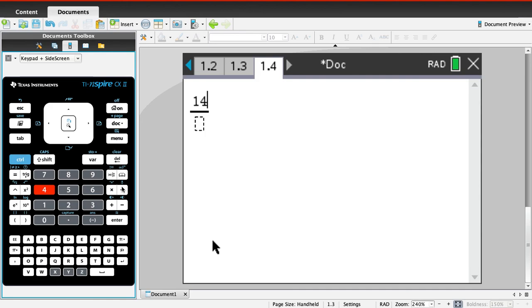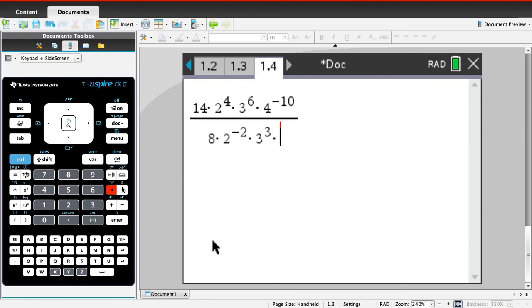So 14 times 2 to the power of 4 times 3 to the power of 6 times 4 to the power of negative 10, all divided by 8 times 2 to the power of negative 2 times 3 to the power of 3 times 4 to the power of negative 5.